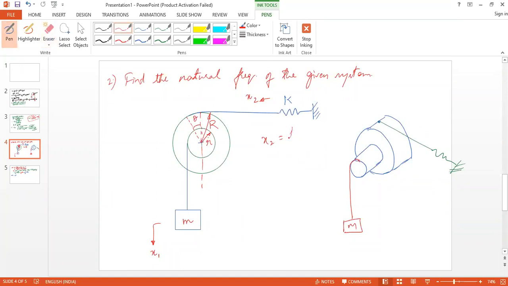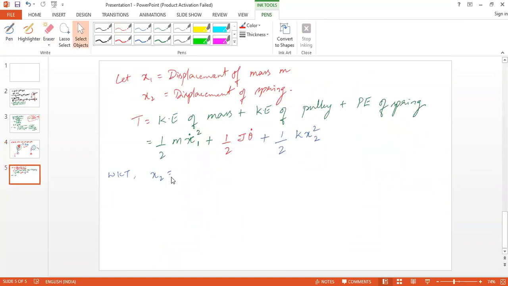That is R theta. So x2 is R theta. So spring force is k x2, that is equal to k R theta.